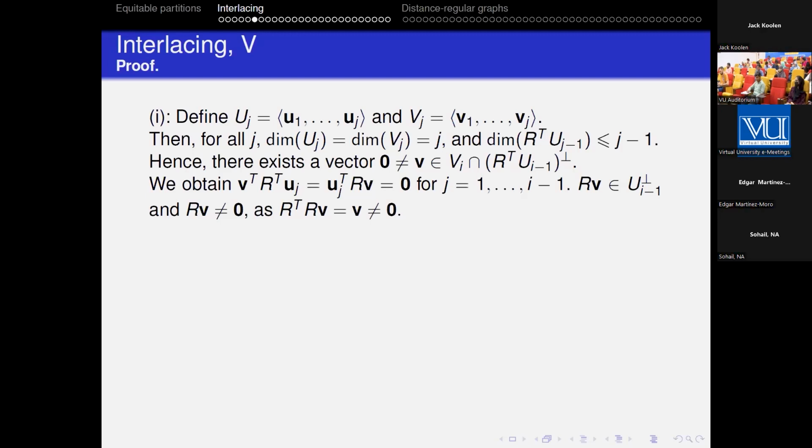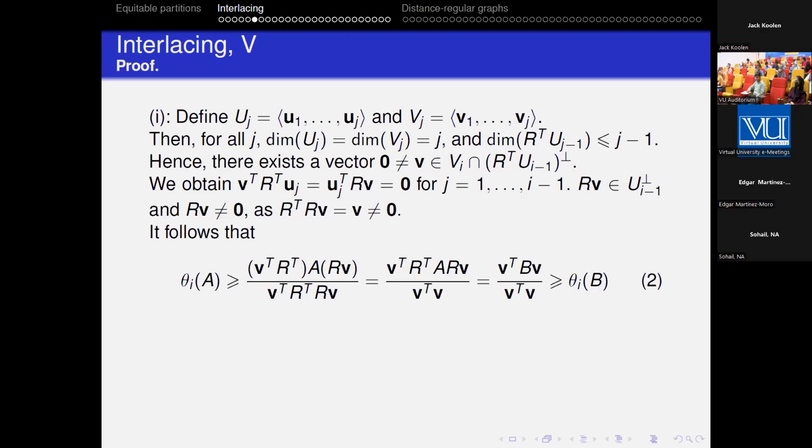So Rv is in U_{i-1} perp. And Rv is not 0, because R transpose R times v is v, and v was not 0. Then it follows that we have this inequality, and then you go to minus A and minus B, and you get the other inequality. That is what we did yesterday.